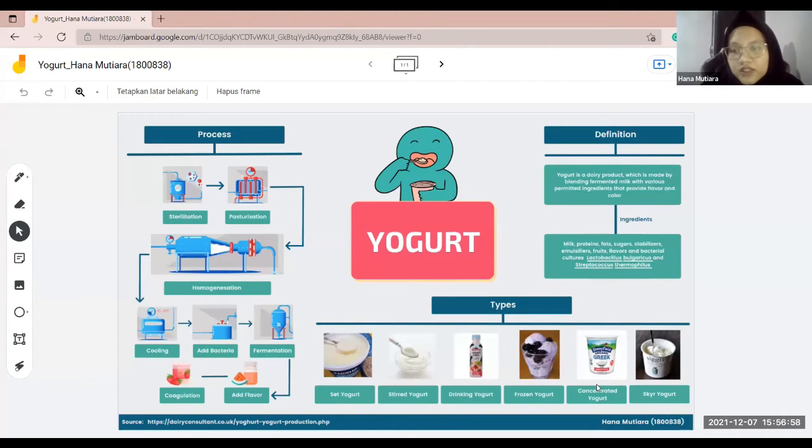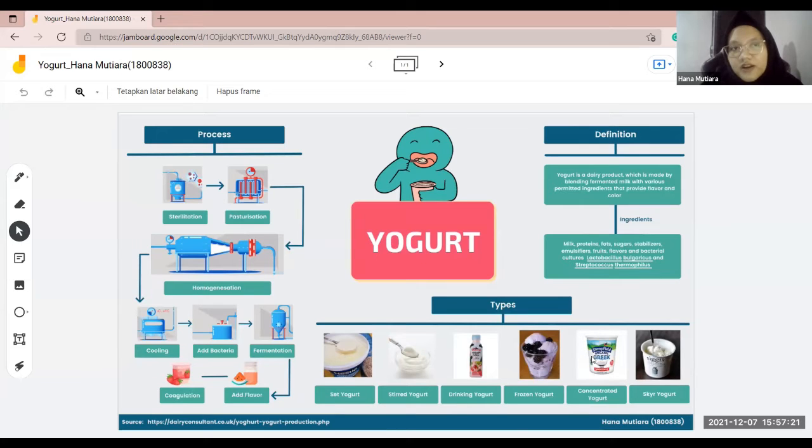And next is concentrated yogurt. Concentrated yogurt is the type of yogurt that is incubated and fermented in the same manner as stirred yogurt. And the example of concentrated yogurt is Greek yogurt.